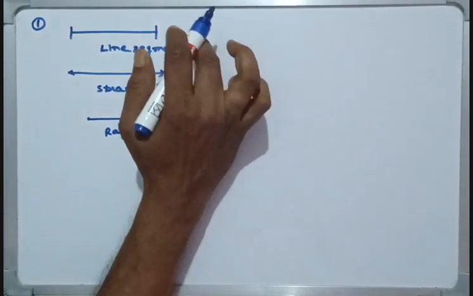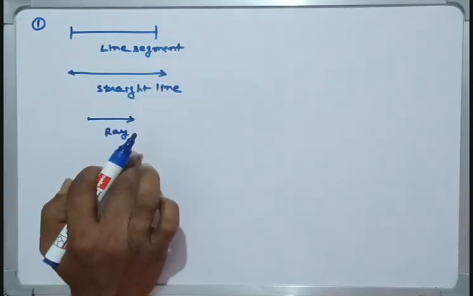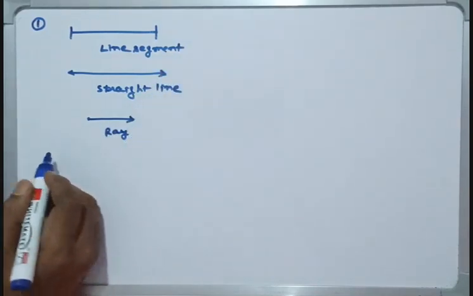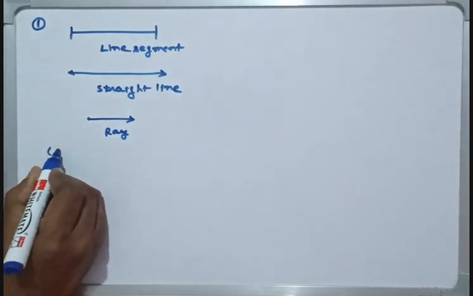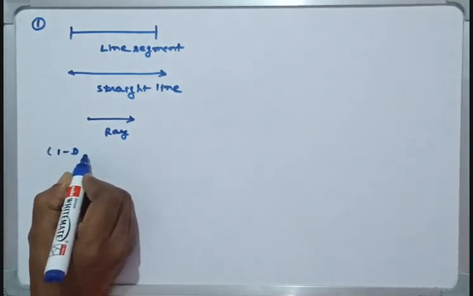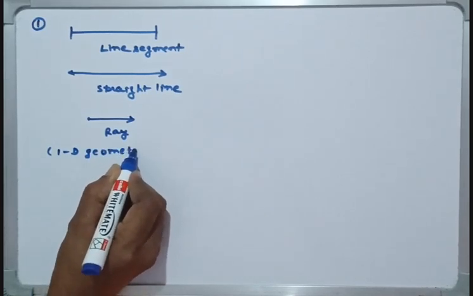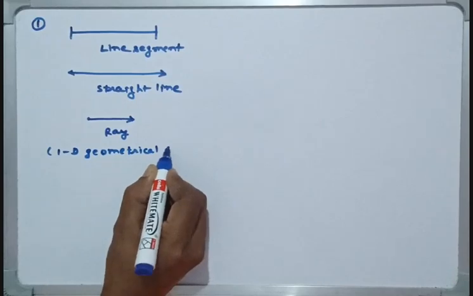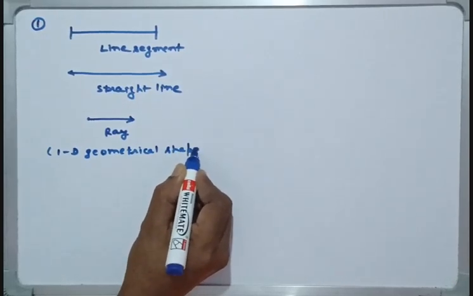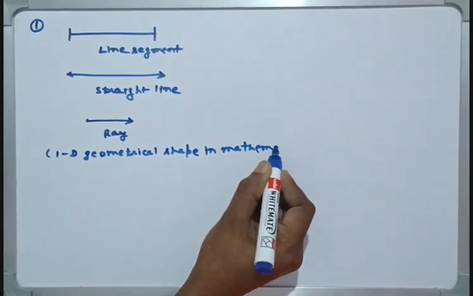Guys, see, line segment, straight line and ray are 1D geometrical shapes in mathematics.